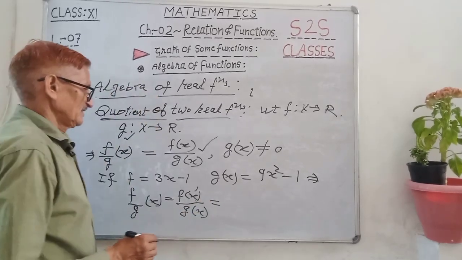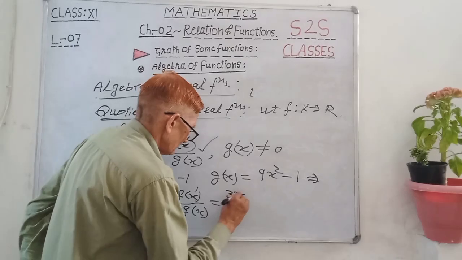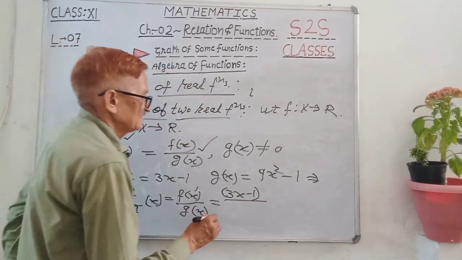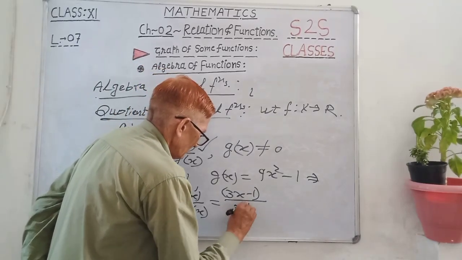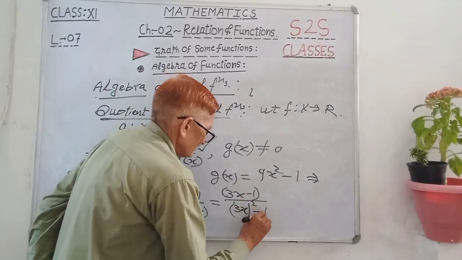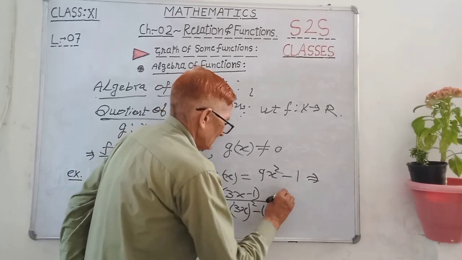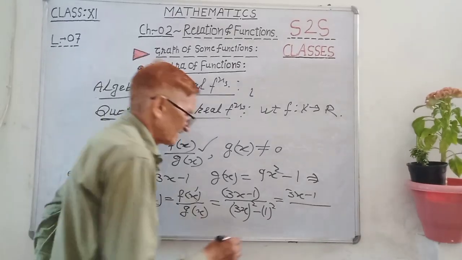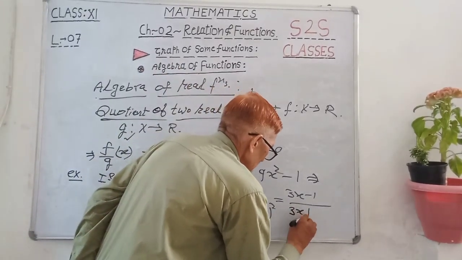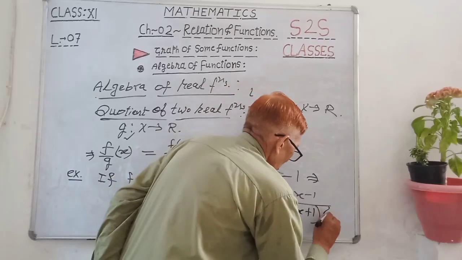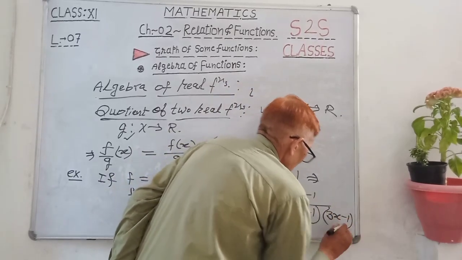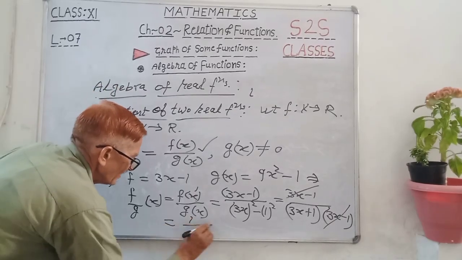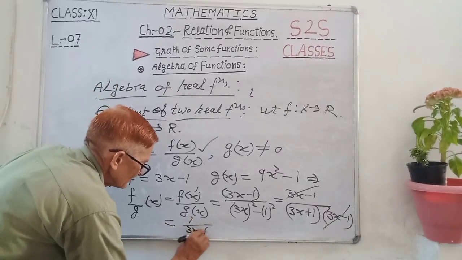So f(x) is our 3x − 1 upon g(x), which is 9x² − 1, that is (3x)² − 1². Simplify: 3x − 1 upon a² − b² in the denominator, so (a + b) is 3x + 1 into (a − b) is 3x − 1. Then the same factor cancels. The simplest form you should give is 1 upon 3x + 1.